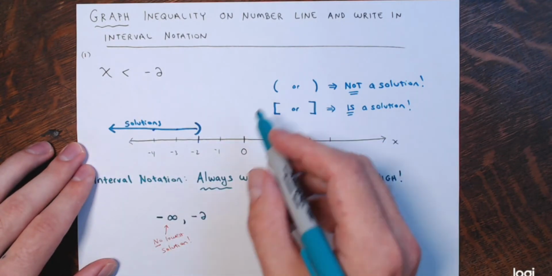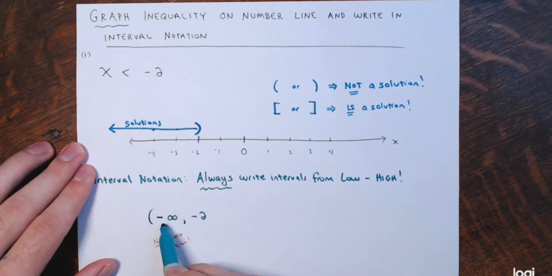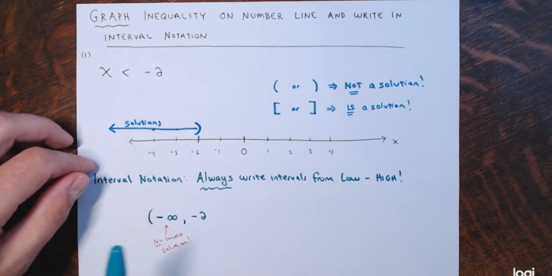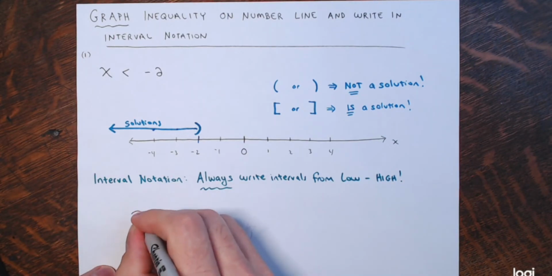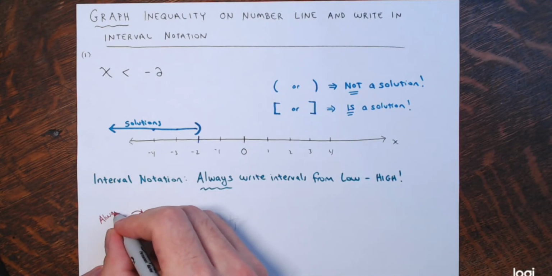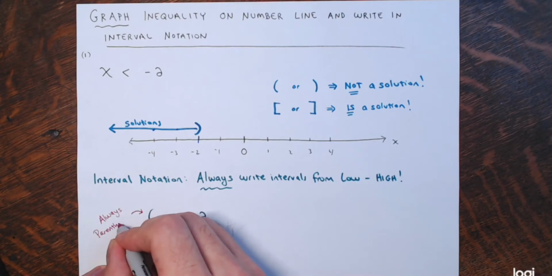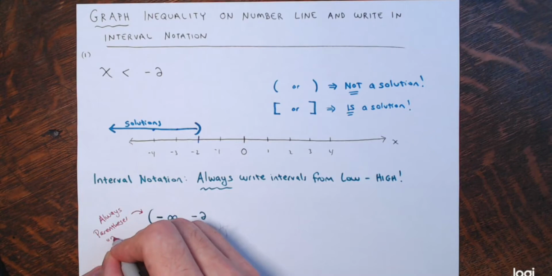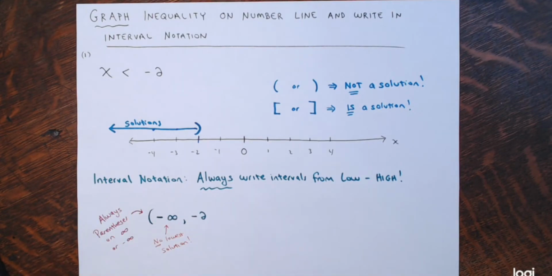So you always cap negative infinity or positive infinity with parentheses. That's another note I'll leave: always parentheses on your infinity symbols.